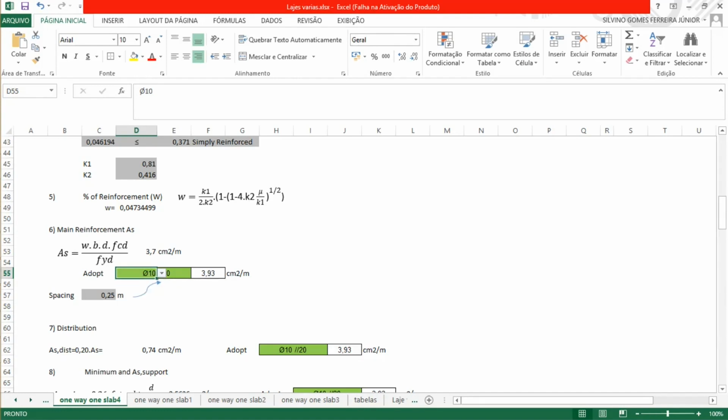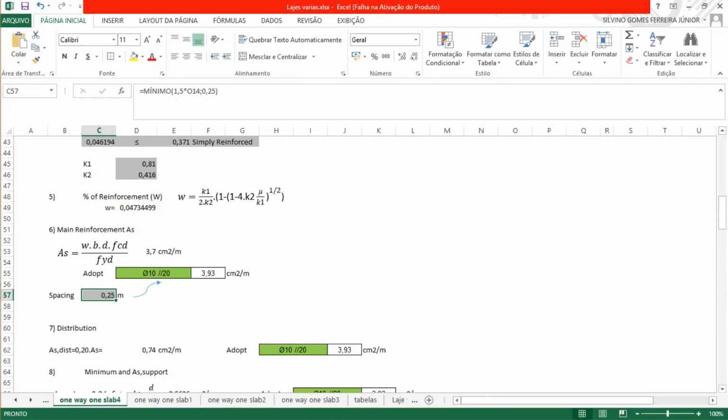So in this case I'm using the 10, and for this spacing, it's because I like to use for maximum spacing 25 centimeters. This space should be, you can calculate, 1.5 of the total depth.